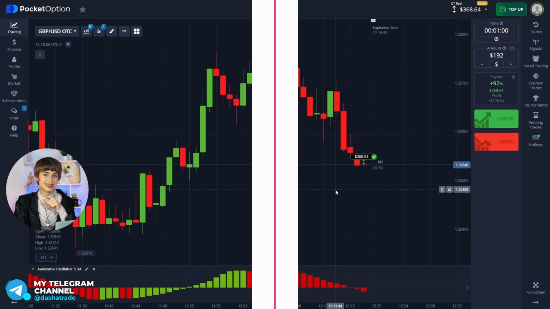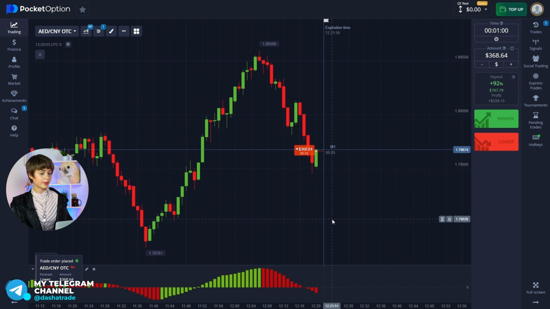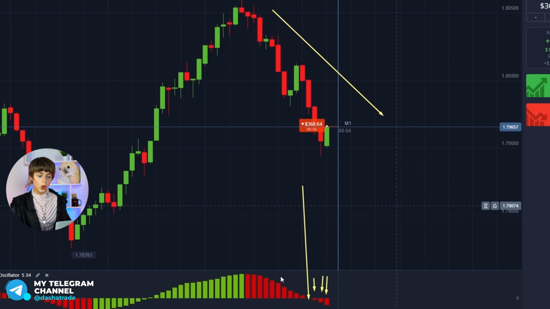Great! Let's go on. So, I open a deal with lower for 1 minute. In this case, I see the downtrend was started, while, as we see on the indicator, an intersection happened as well. Meanwhile, we see each red column is getting lower than the previous one, lower and lower.